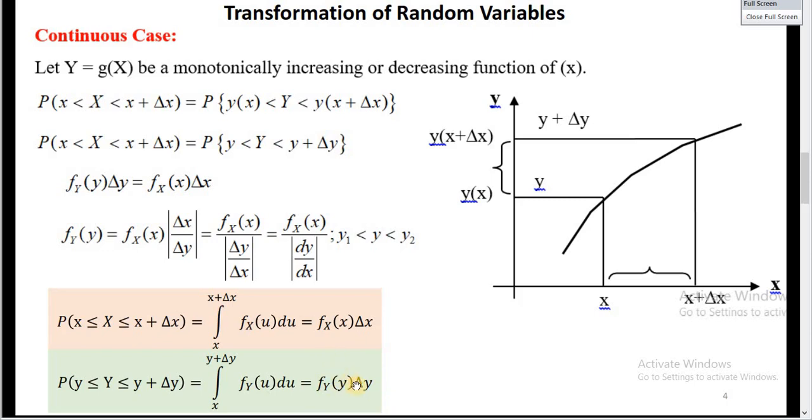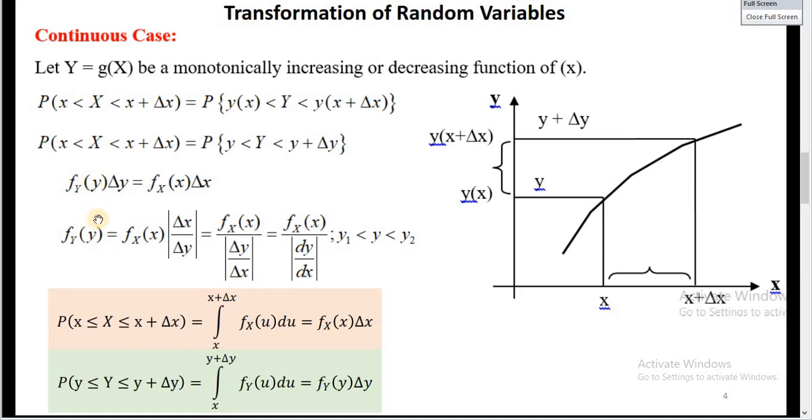Now again, we make the substitution on the right hand side. The probability that y is between small y and y plus delta y is f of y delta y, and the probability that x is between x and x plus delta x is again f of x delta x. Now this is known, this is known, this is unknown, fy of y.